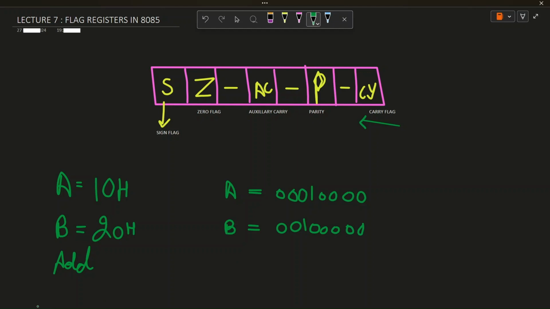And then the instruction is to add these two numbers.